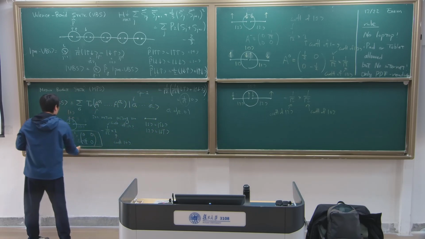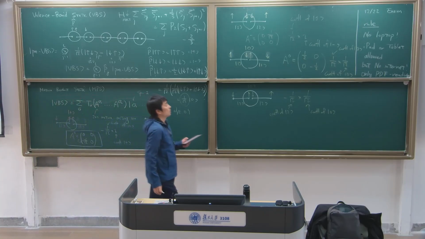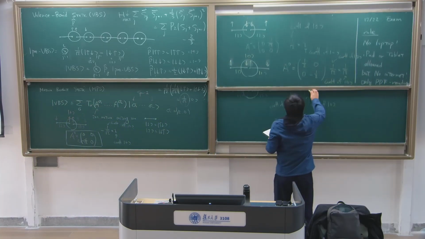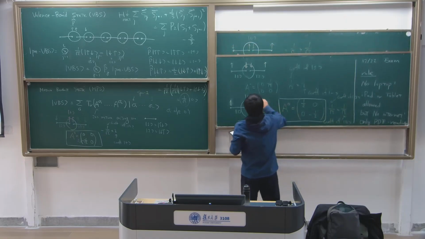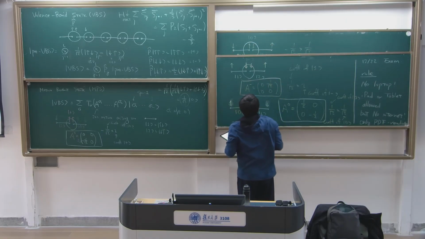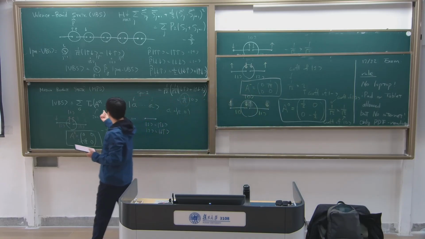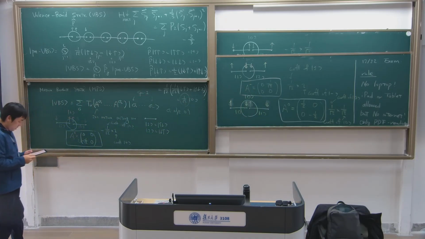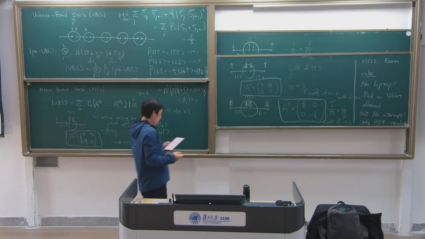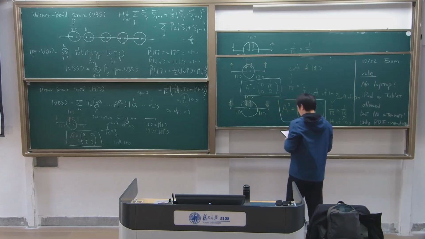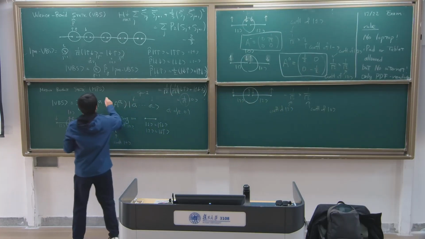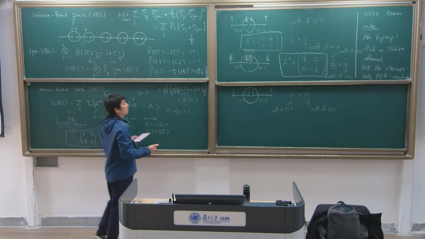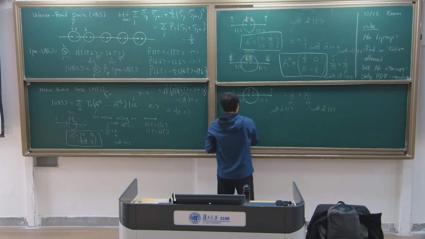So one is this guy, the other is this guy, this guy, and plug that into here. And then schematically, people just write down this state. Sigma is the sigma.